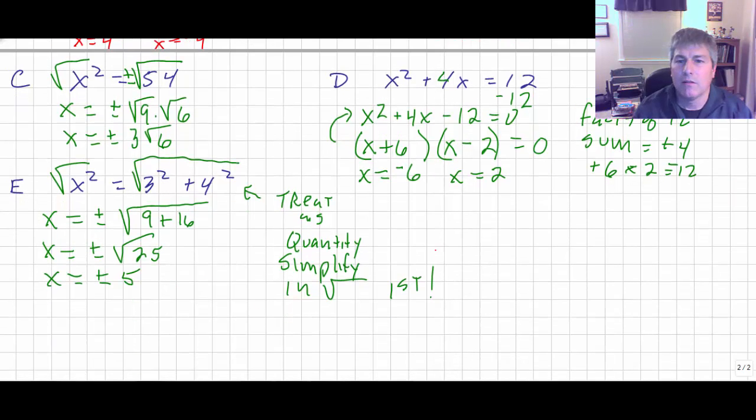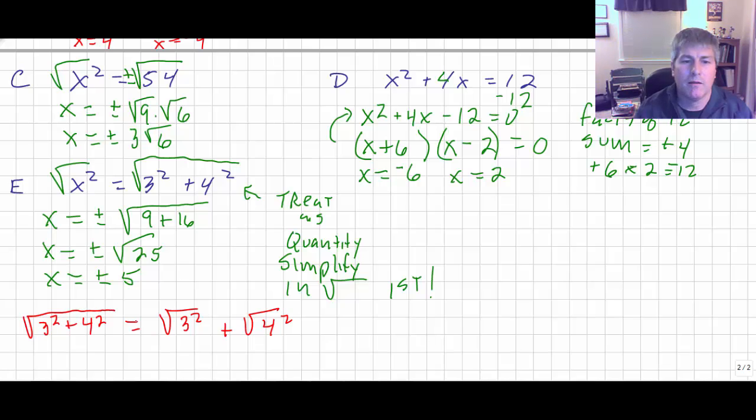Doing this the incorrect way, just for an example, we'll say this. The square root of 3 squared plus 4 squared does not equal the square root of 3 squared plus the square root of 4 squared. We saw that this is the square root of 25, which does not equal 3 plus 4.